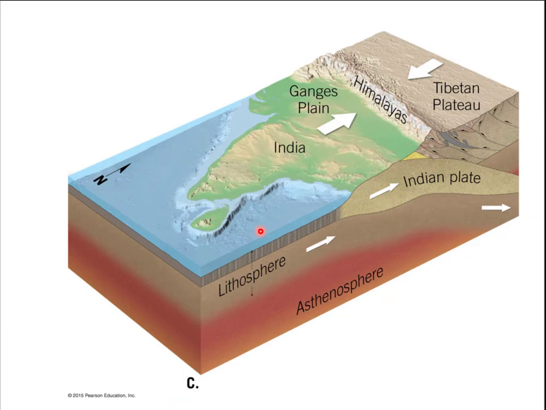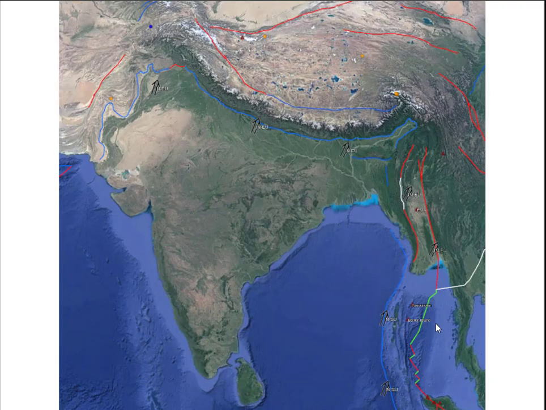And then what it's going to do is it's going to smack into Eurasia and throw up the Himalayan mountains. Now, when we think about this, this is not something that happened a long time ago. This is something that is happening today. India is still moving northward about 5 centimeters per year. If we look at this on Google Earth, we can see India here.